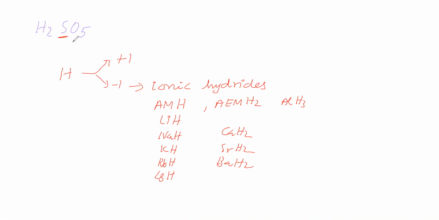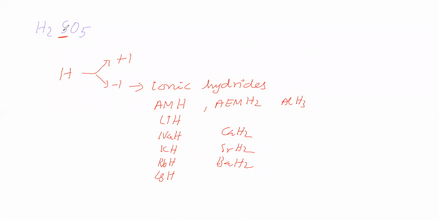Only oxygen is in doubt. We want to know whether oxygen is oxide or peroxide. I said that all the elements can show variable oxidation numbers except alkali metals, alkaline earth metals and fluorine.